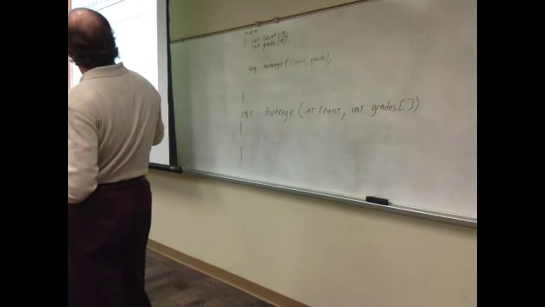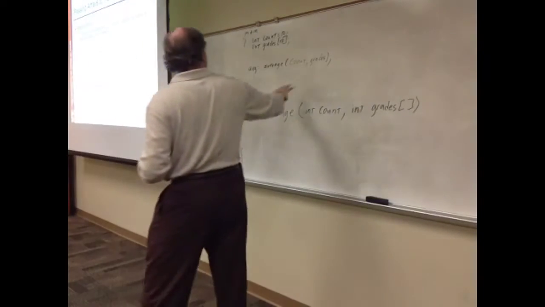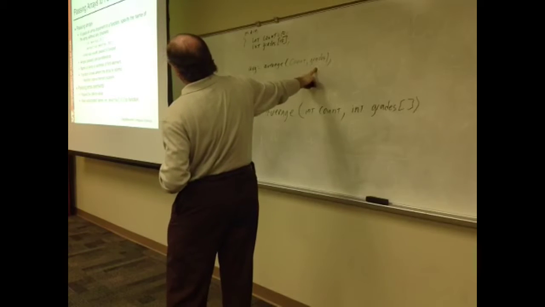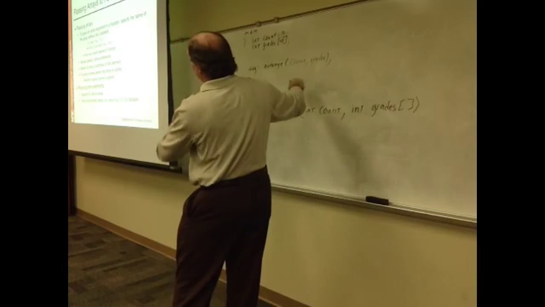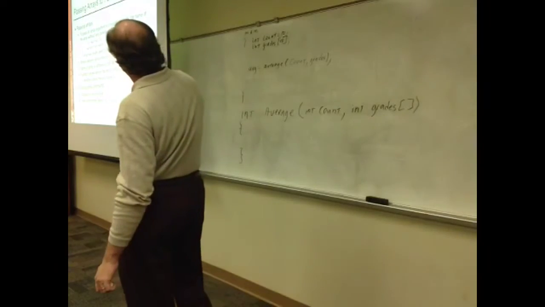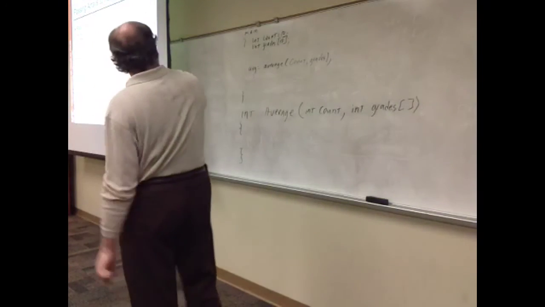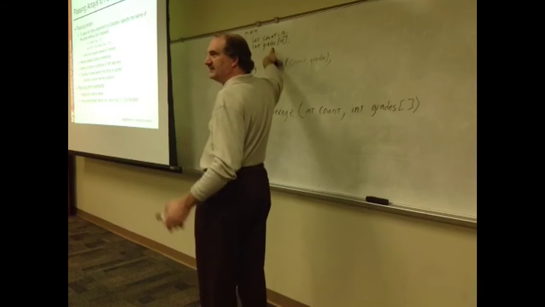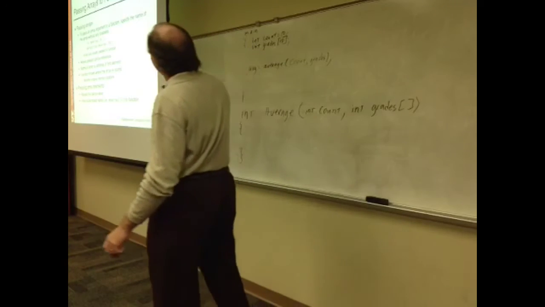To pass an array argument to a function, specify the name of the array without any brackets. Right there, that first line. Because we've got our array, in this case grades of 10. That's what we're doing in our lab.